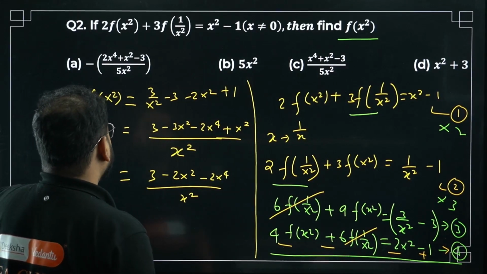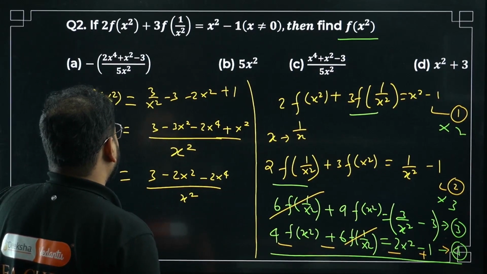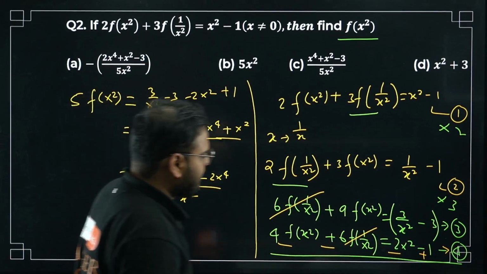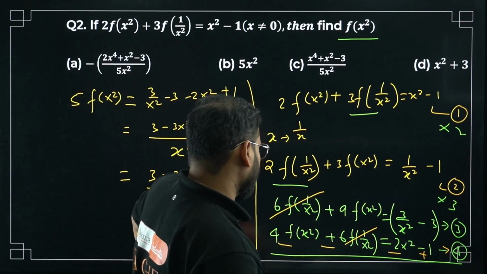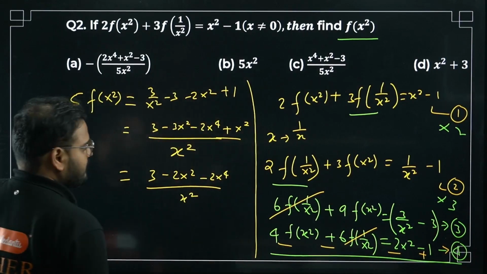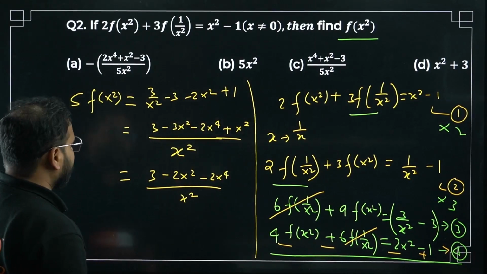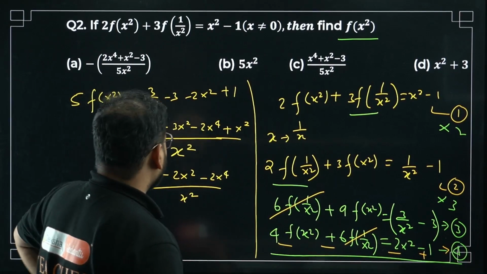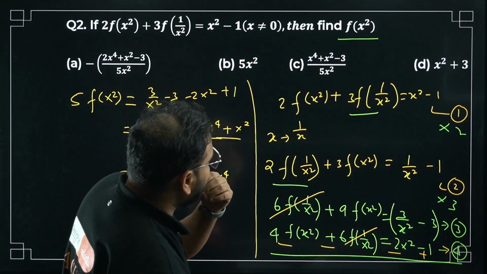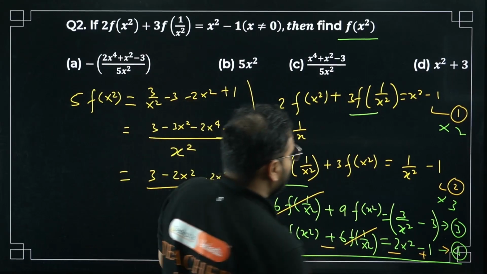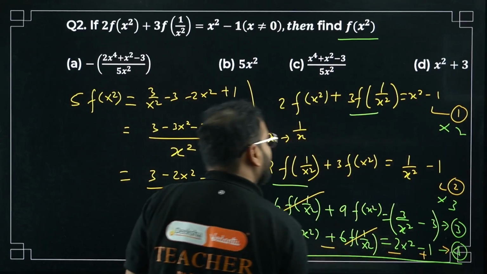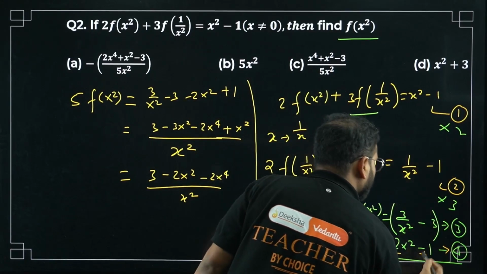Okay, 1 second, let's check. Minus 3 plus 1, right? Minus 3 plus 1 is going to be 2 only, no? Yeah. Okay, 2x square, is it right? Something is wrong, sir. I've missed some calculation somewhere. Minus 2, okay, yes. 2 times of x square is 2x square, and 2 times of 1 will be 2, no?